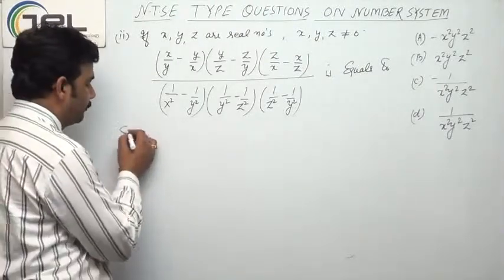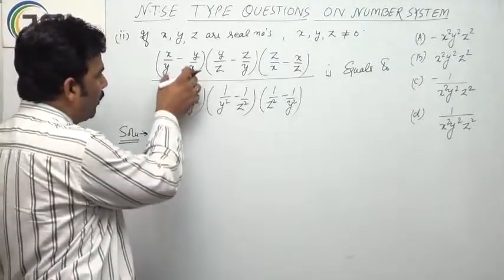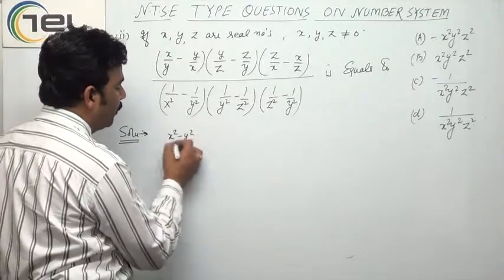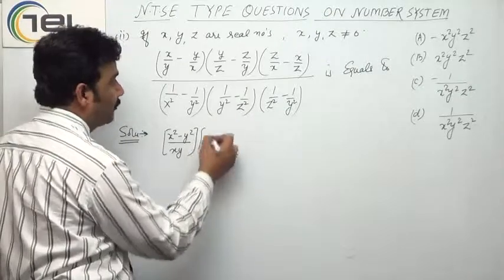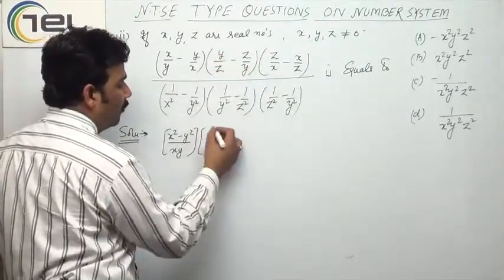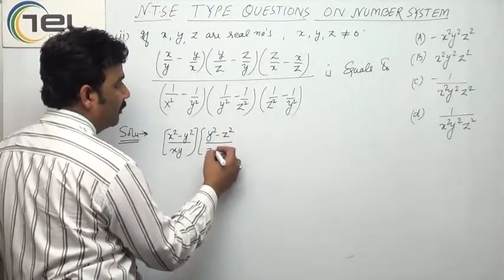See, very easy one. See, what we have to take is, we have to take the LCM of them. It will be x square minus y square upon xy. The second term, this will be multiplied by y square minus z square upon zy.